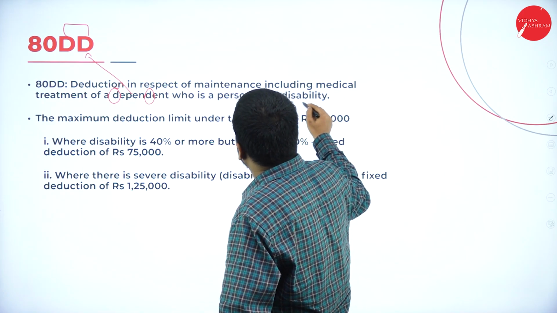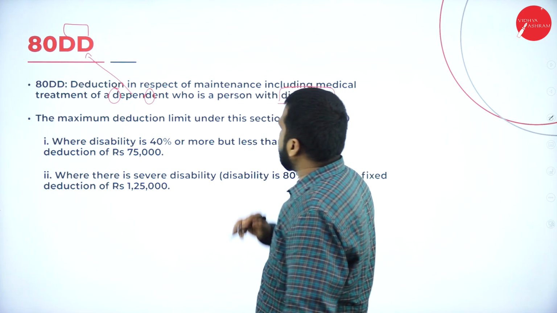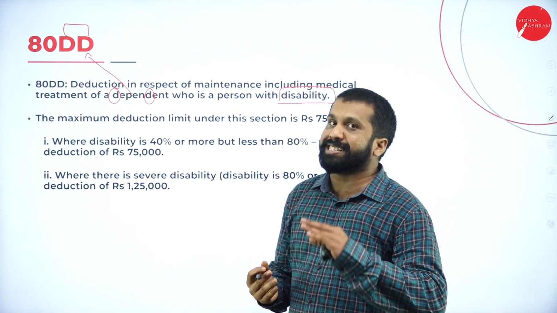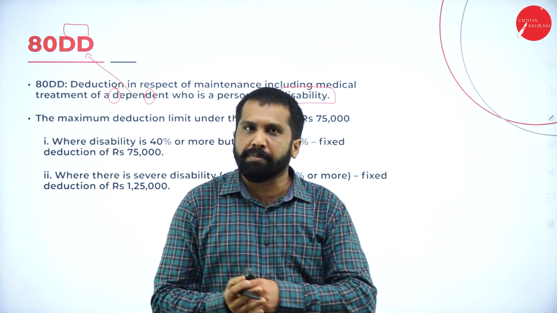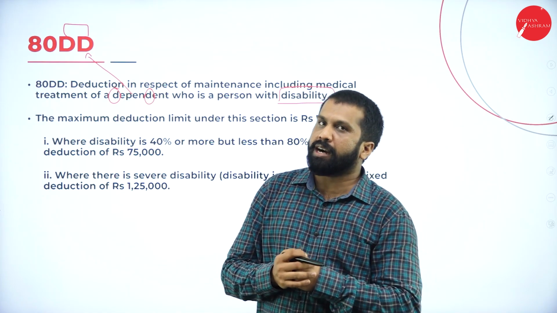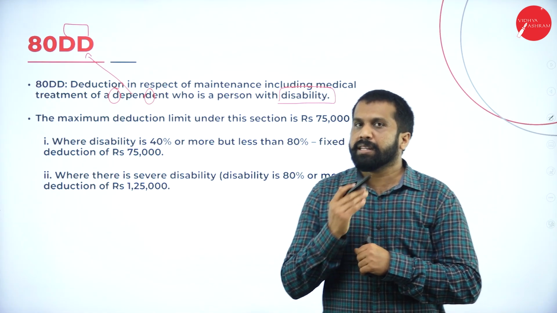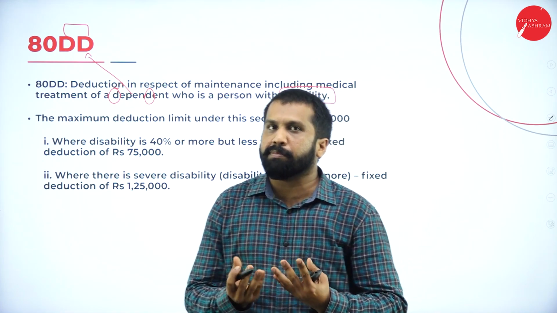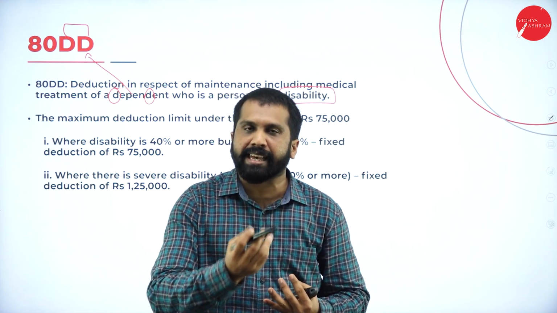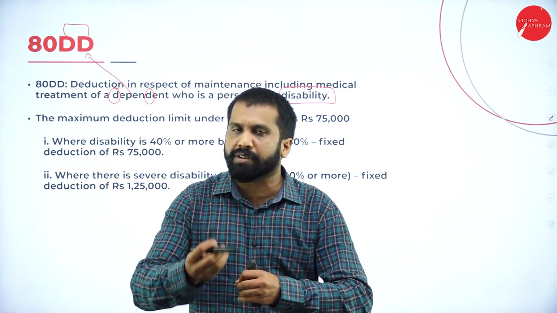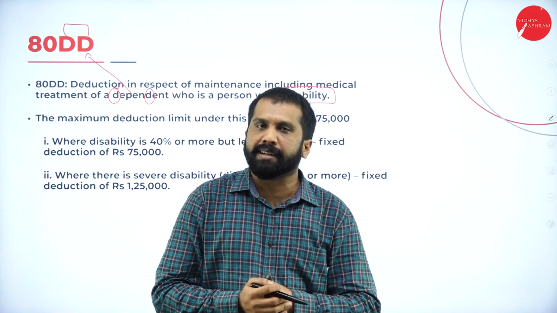Dependent, who is a person with disability. Just assume that one of your relatives is a disabled person. Maybe because of some health issues he is handicapped from birth itself. Then being a responsible person, you will take care of that person. Whatever expenditure you make towards him, you can claim as deduction.